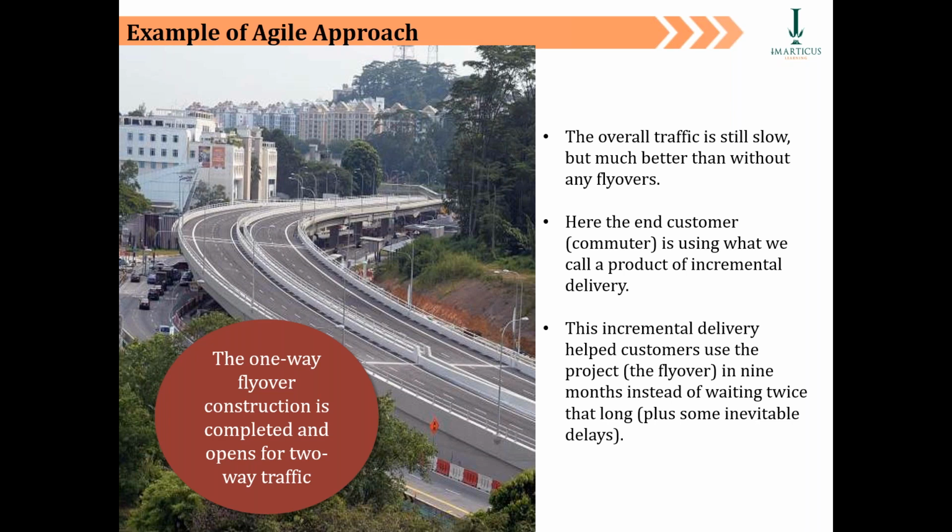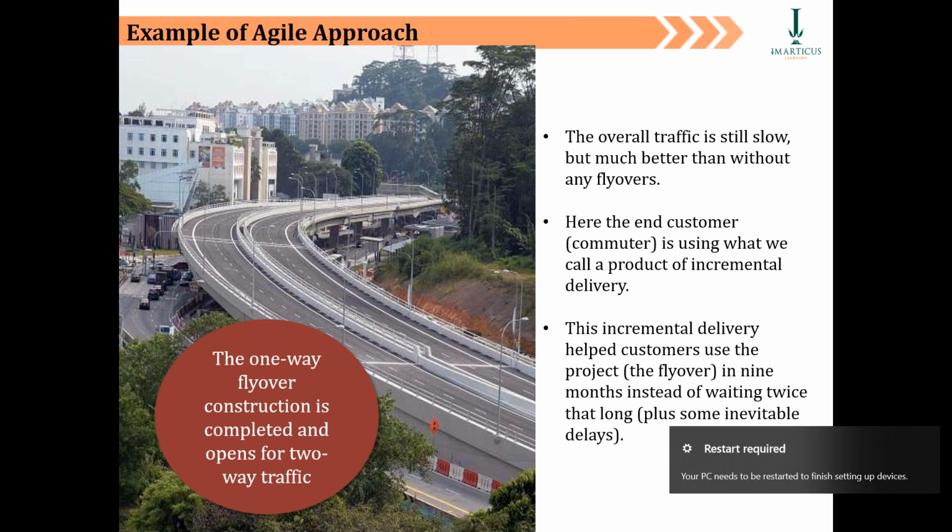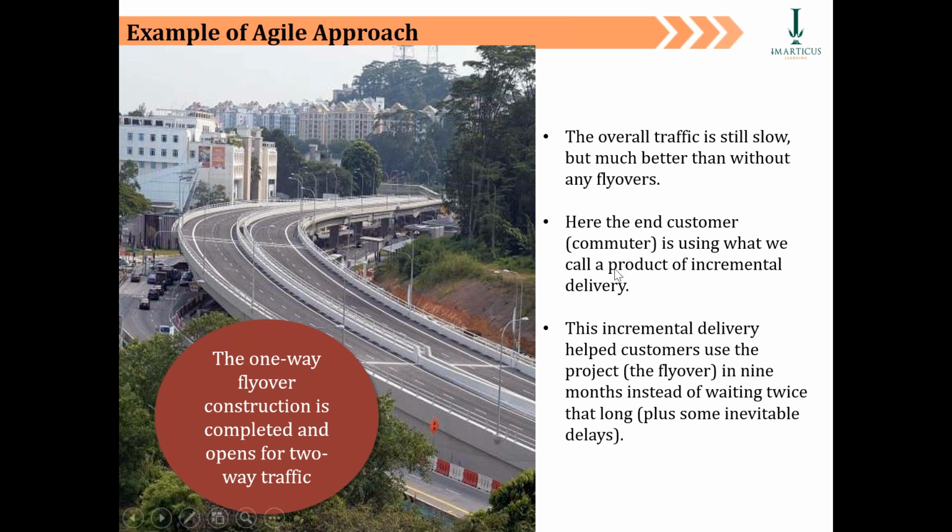This is what we call incremental delivery. Incremental is step by step going forward. This incremental delivery helped customers use the flyover in 9 months instead of waiting almost 2 years for a big bang approach.